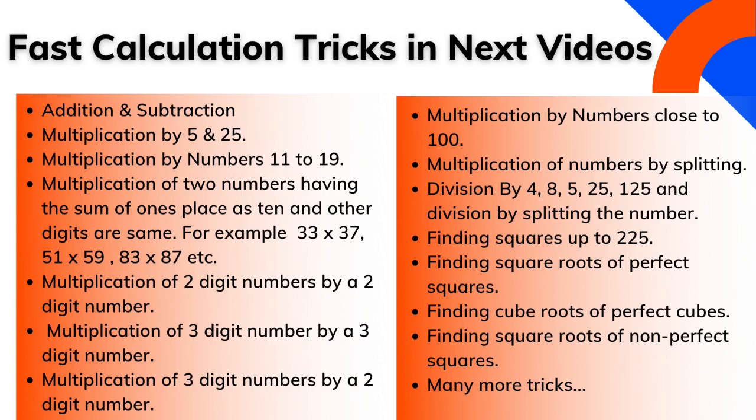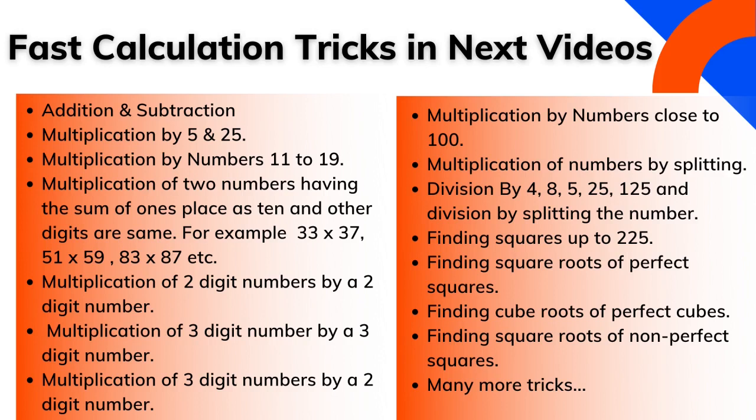Then we will learn fast division tricks like divisibility by 4, 8, 5, 25, 125 and division by splitting the number, finding squares of numbers more than 25 and less than 75, then numbers more than 75 and less than 125, then numbers more than 125 and less than 175, then numbers more than 175 and less than 225 and so on.